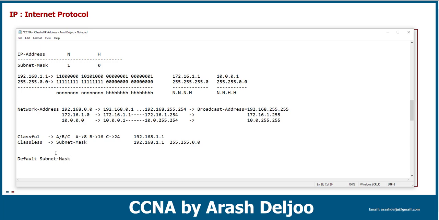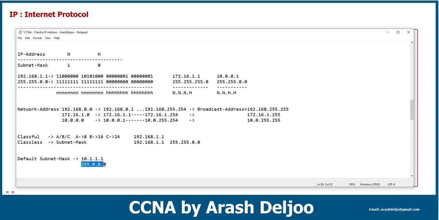The default subnet mask. When you are using, for example, for address 10.1.1.1, a subnet mask with the same concept as classful networks, 255.0.0.0, you know that 10.1.1.1 is one of the IP addresses of class A in classful networks also.